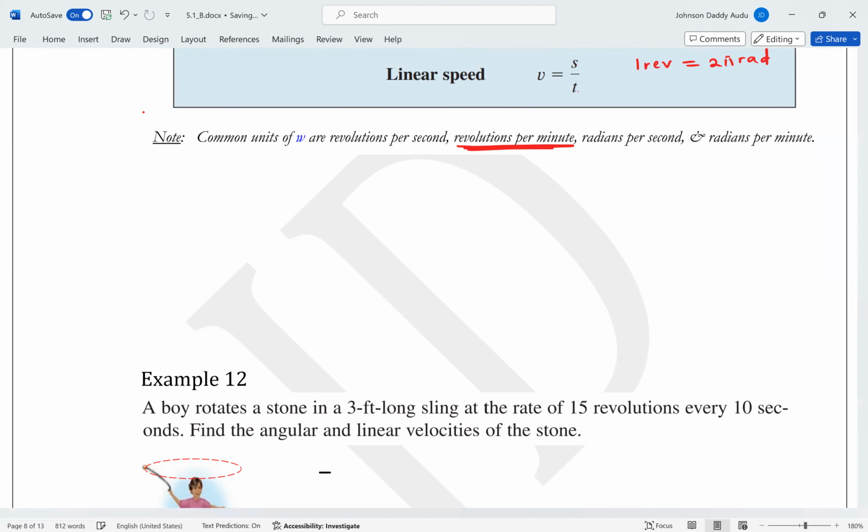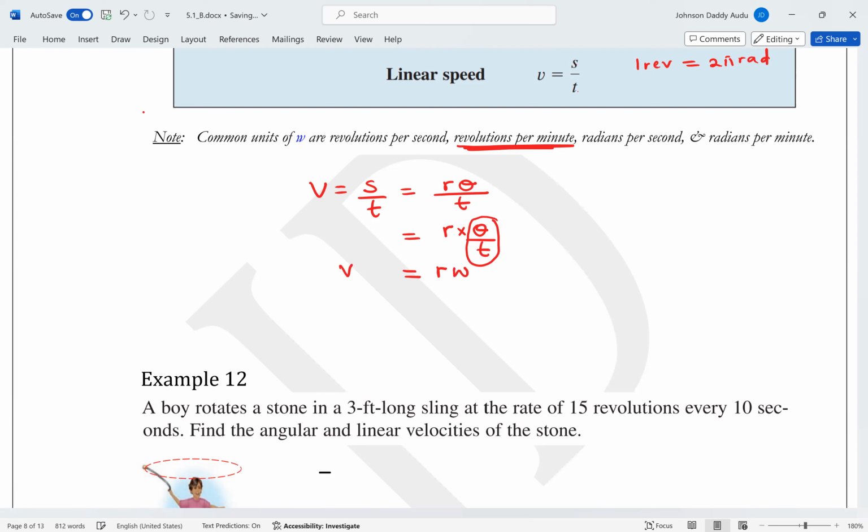Now, we know that v is equal to s over t. But what is s? s is r times theta. We discussed this one already. So you can see that this is r times theta over t. But theta over t is our angular speed. So this is r times angular speed.